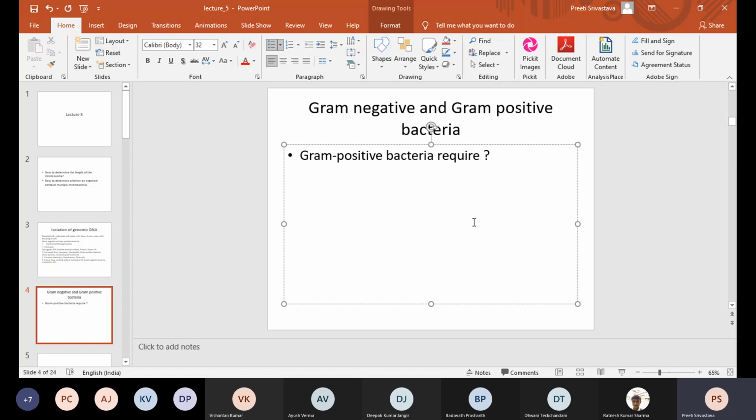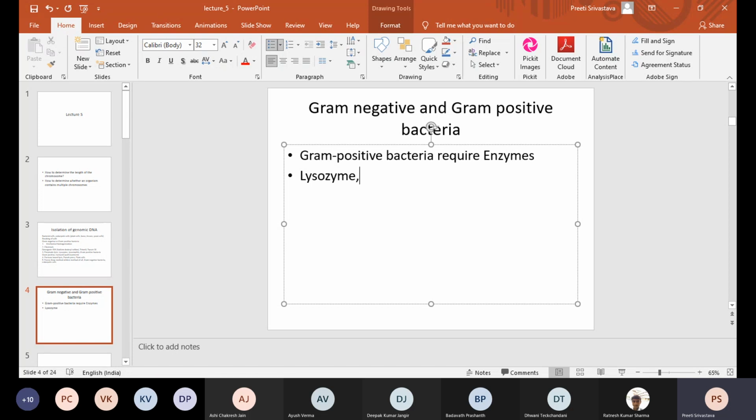Ma'am, we use enzymes for gram-positive bacteria. Right, they require enzymes, and these enzymes are required for breaking the d-alanine peptidoglycan bond. It's there in the peptidoglycan layer. It breaks the bond between d-alanine and d-alanine.